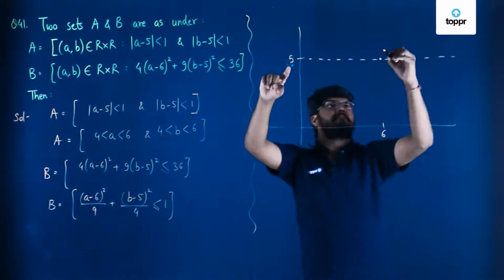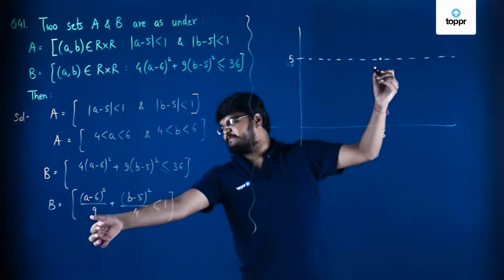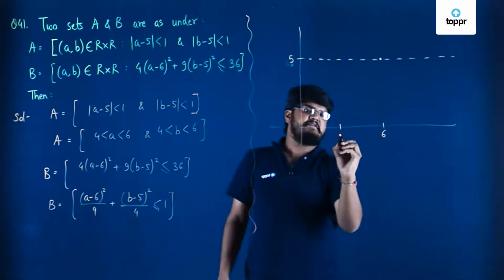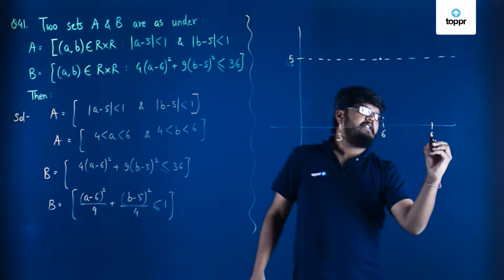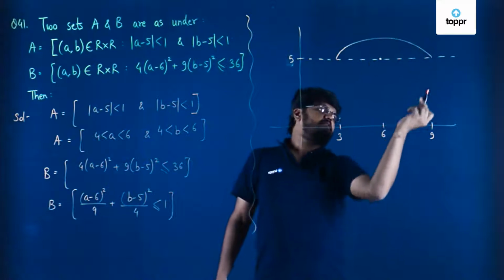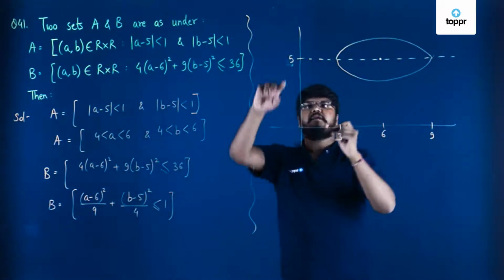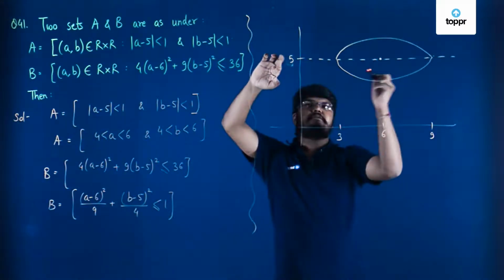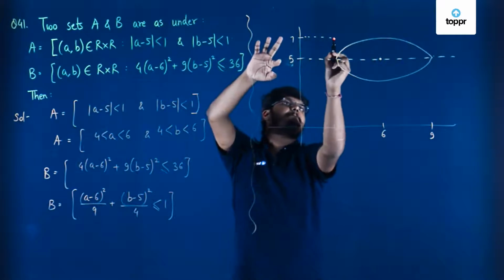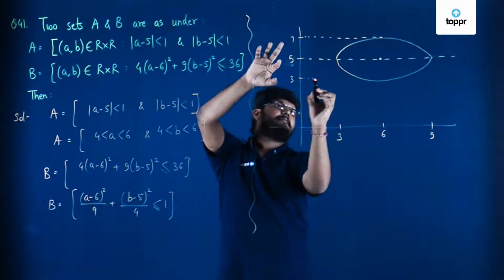And you can see that this will be 3, so it will be spread across 3 units on the x-axis. So let's say that this is at 3 and 9 on the other side. So this basically is what my ellipse looks like. Let's consider that this over here is 7 and this over here is 3.